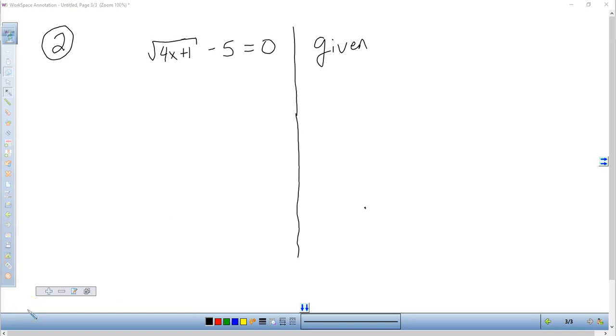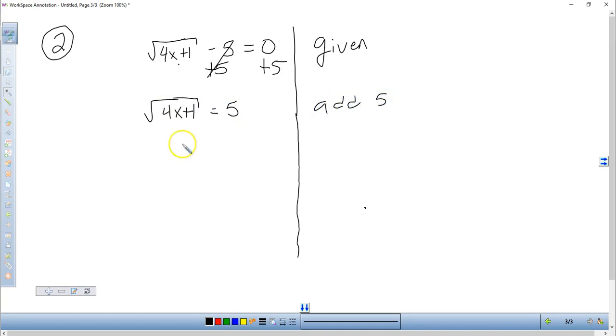All right. Hopefully, you've paused the video and worked out the problem so you can see the solution. I'm going to go through the steps. First thing, get the radical by itself by adding 5. Square both sides. I'm just going to put x squared for squaring both sides.